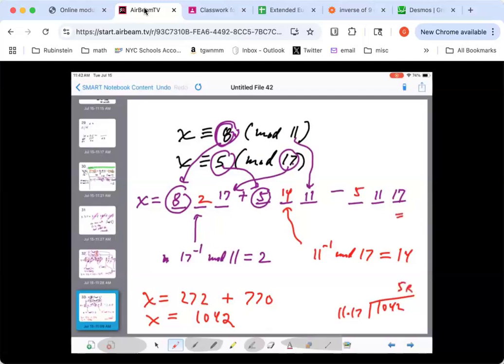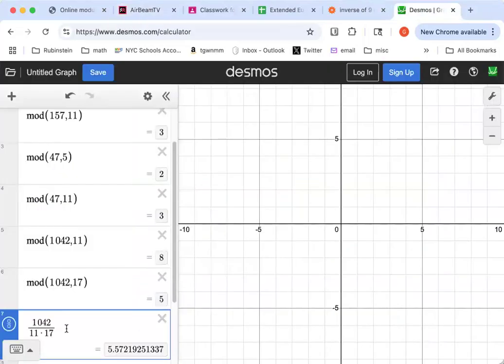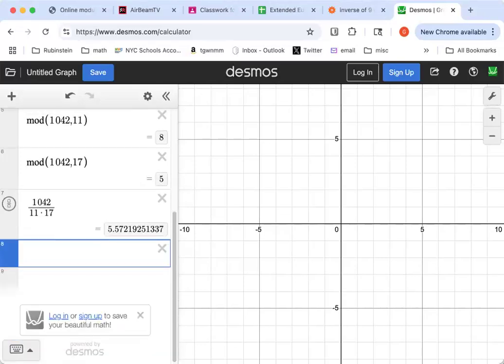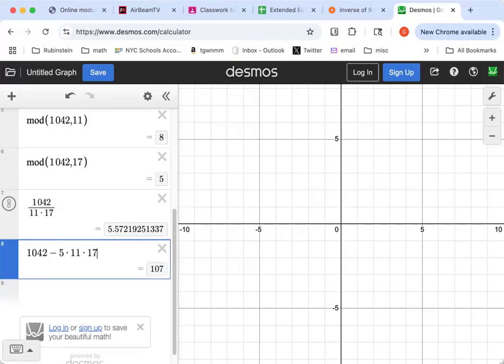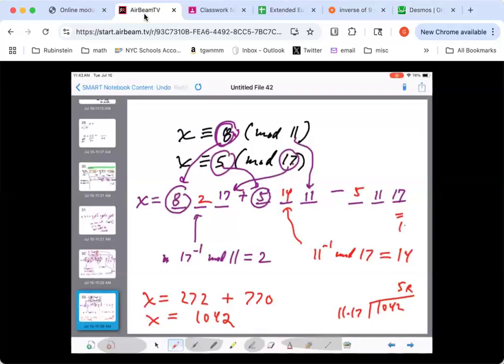And the remainder, which I could be sneaky since I'm using a calculator anyway. But you know what? I won't be that sneaky. I'll do 1042 minus 5 times 11 times 17 and get remainder 107. And 107 is the answer to the question.